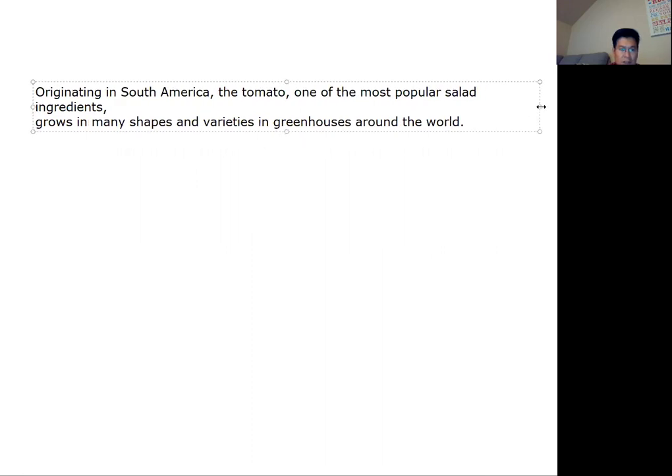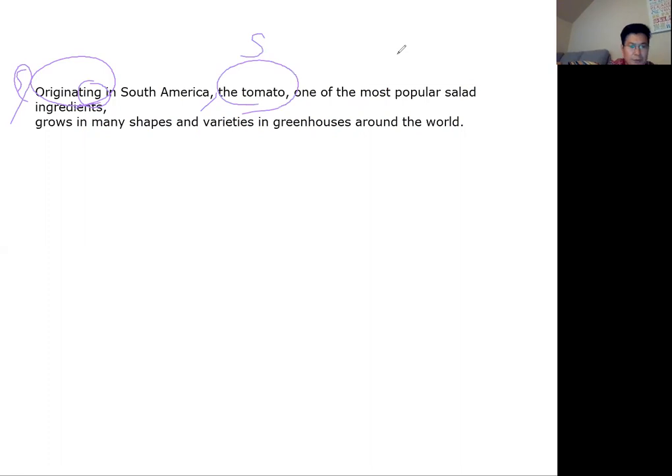So let's say in the beginning, we see originating, which is a participle, ing, okay? Present participle. There's no subject in front of it. And then after the comma, we have the main subject, okay? If this is the case, something you have to be careful about is, oh, we don't have a subject, so we have to borrow the subject from this one and put that in front of it. And then you have to read it.